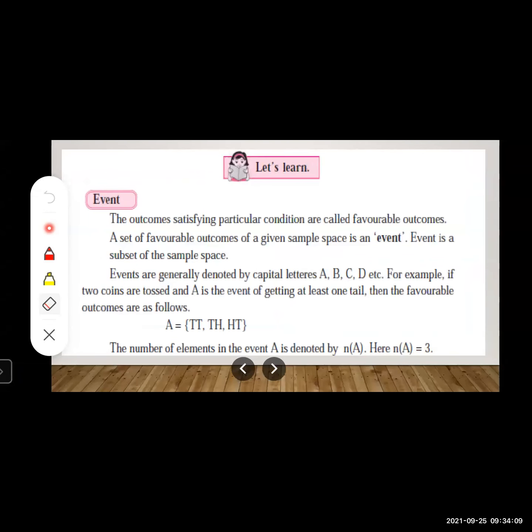We have seen event. Event means our favorable outcomes, and this event is a subset of the sample space. Event is a smaller set, the sample space is a bigger set. We have to take our favorable outcomes from this bigger set, that is, from the sample space.